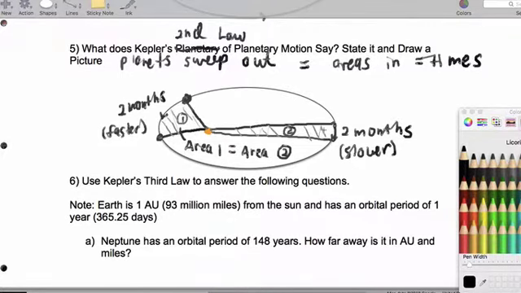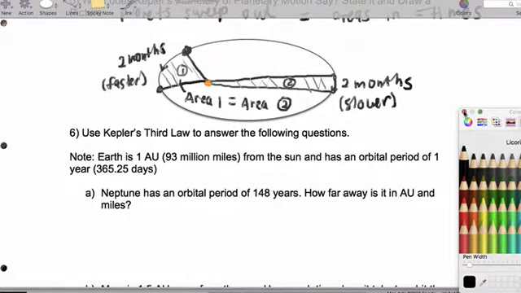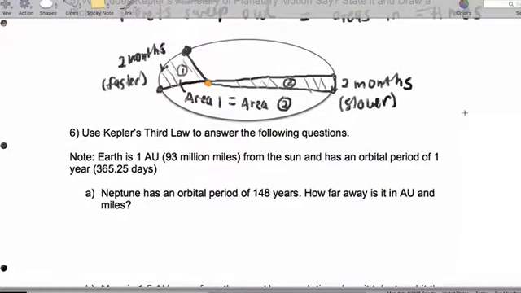And then the next thing that we have is we're going to use Kepler's third law to answer the following questions. So we have Earth 93 million miles away with an orbital period of 365 days. Our first question says, if this is Neptune's orbital period, it's 148 years, how far away is Neptune? And how many miles is that?